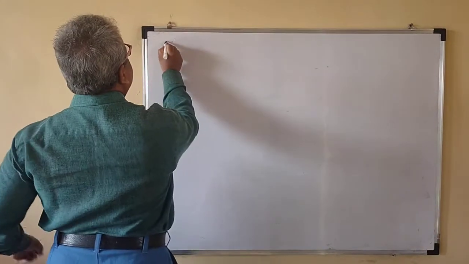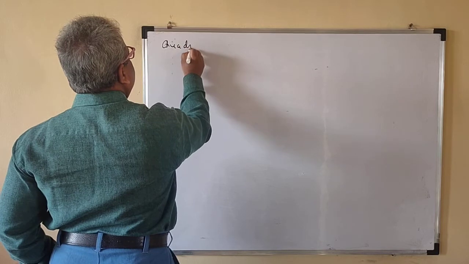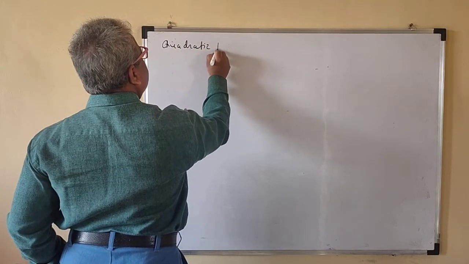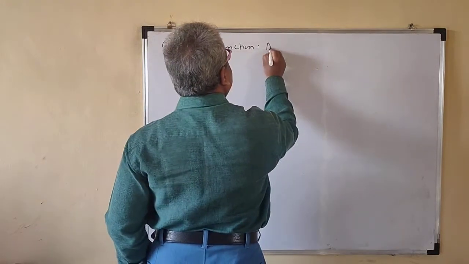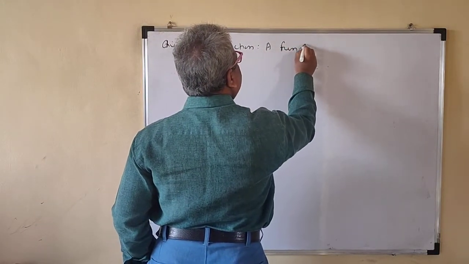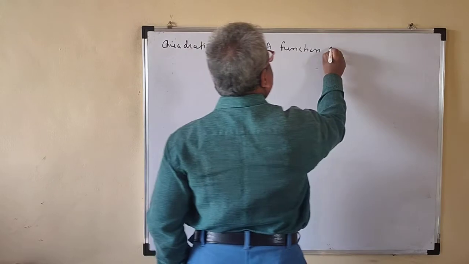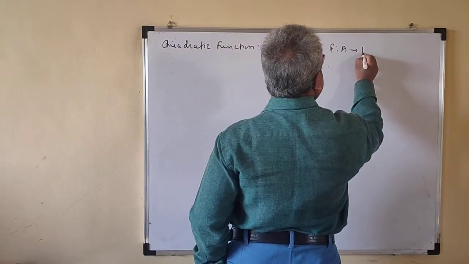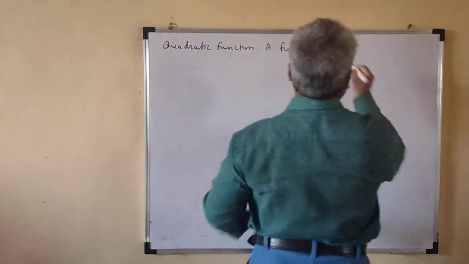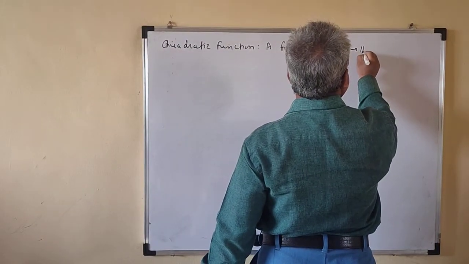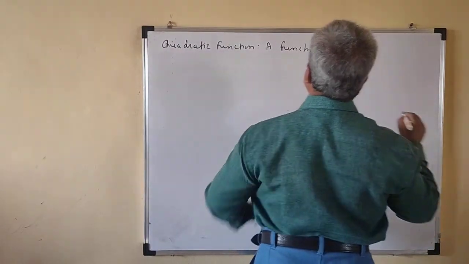Next, quadratic function. A function f from R to R. You want a real valued function. Domain is also real numbers.